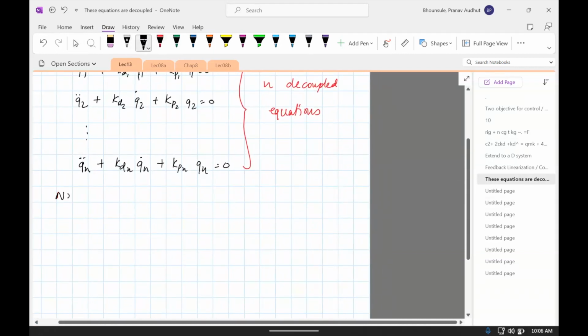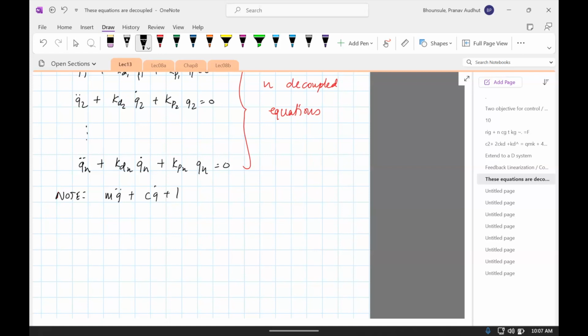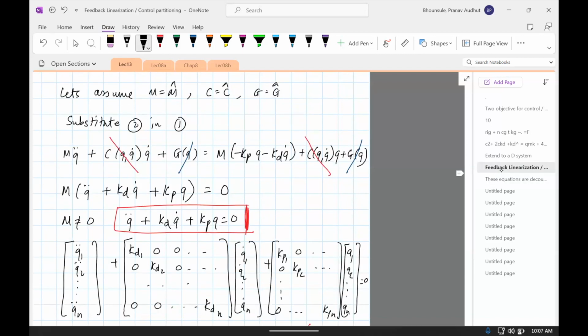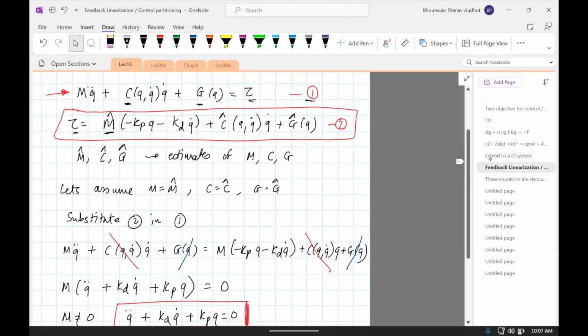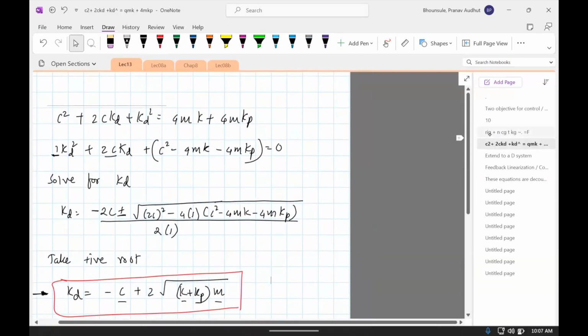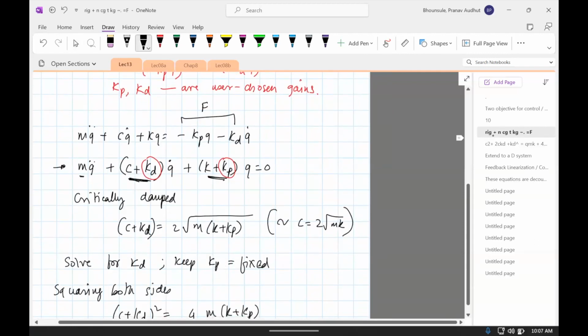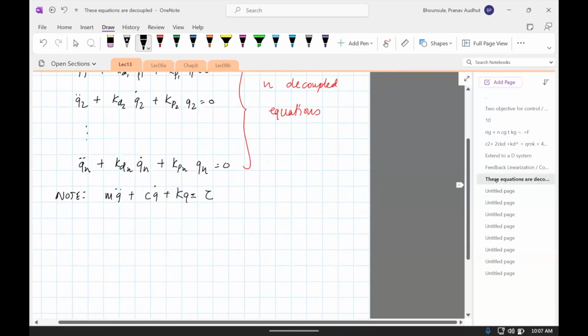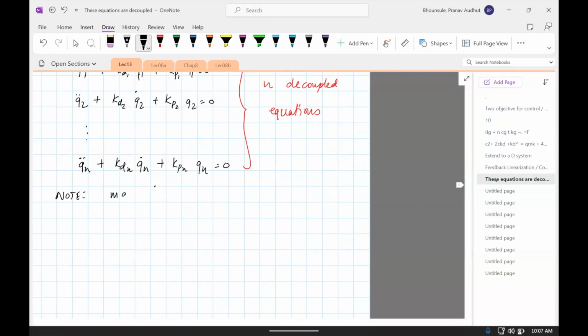So what we observed is if you have mq double dot plus cq dot plus kq equals 0, let me rewrite it slightly differently. Hold on. I need this one. So this is the equation after putting in the torque value. So I'll rewrite that one. Mq double dot plus (kd plus c) q dot plus (kp plus k) q equals 0.